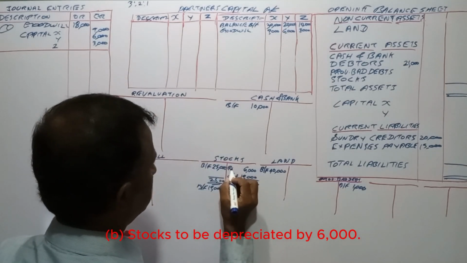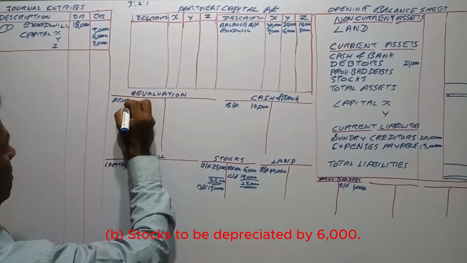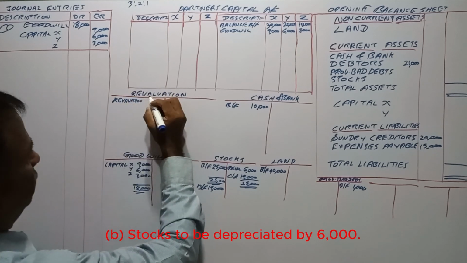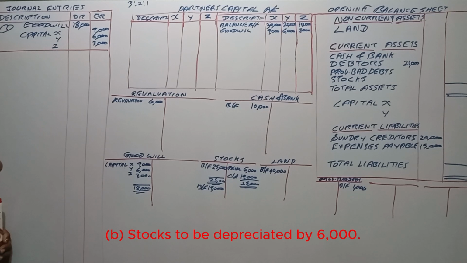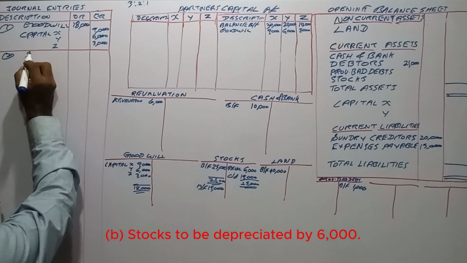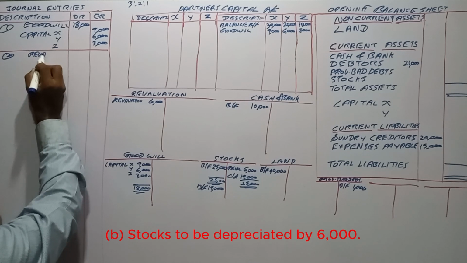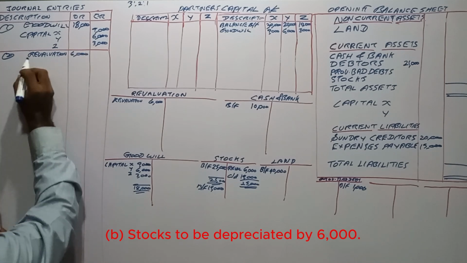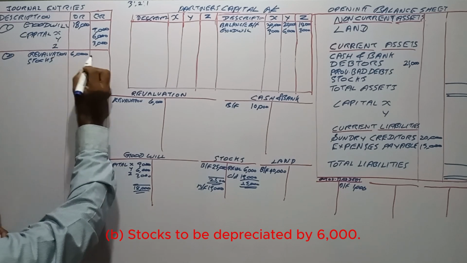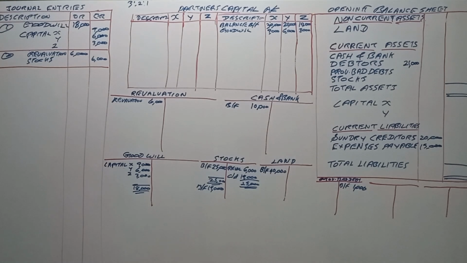Then revaluation account is debited 6,000 and stocks account is credited 6,000, being stocks revalued to 19,000.